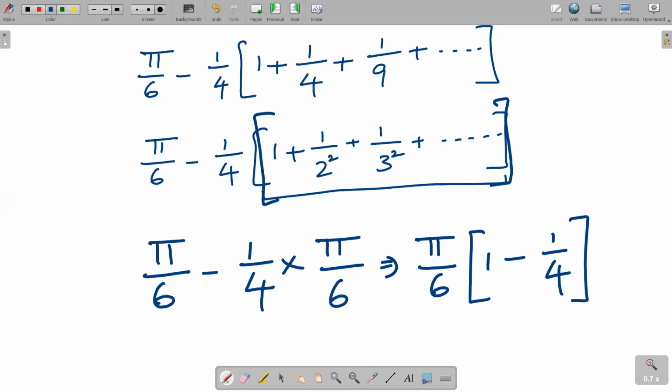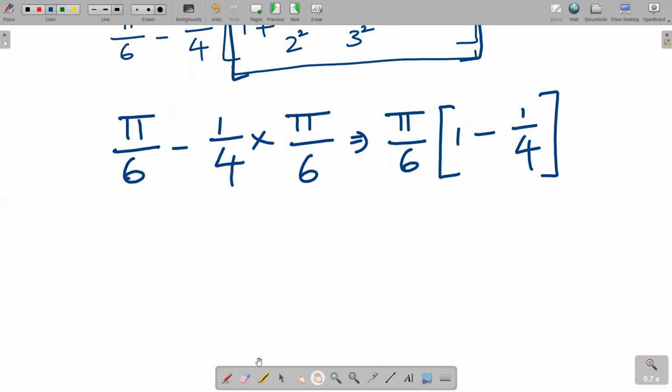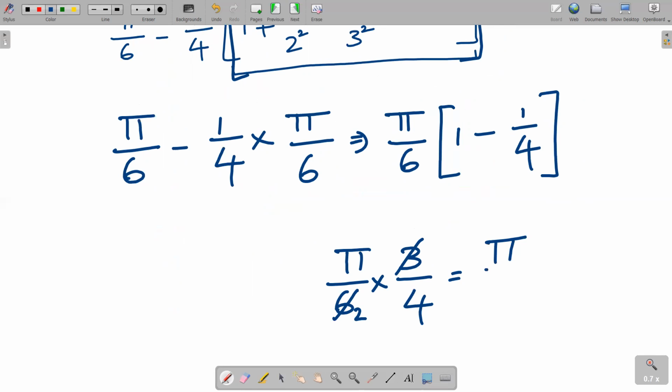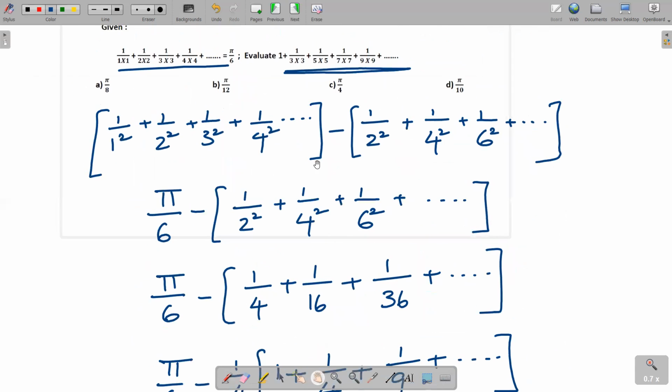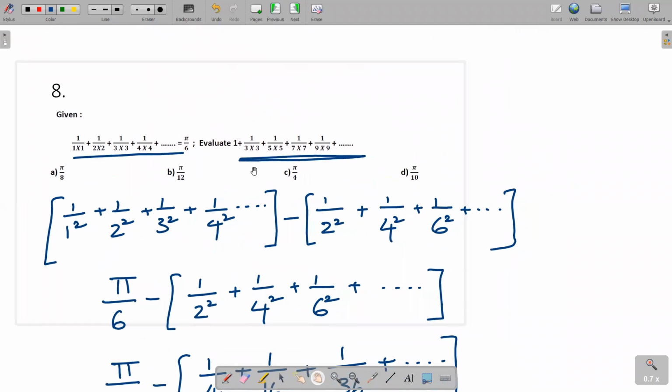So we can conclude that the result is nothing but pi by 6 into 1 minus 1 by 4, which is equal to 3 by 4. You can thus cancel this 3 and this 6 here like this, and I will get the value as pi upon 4 2s are 8. Okay, so you can see that for this question, we are finally getting the value as pi by 8.